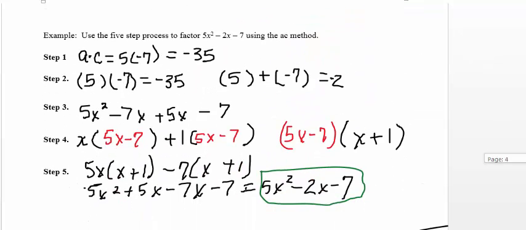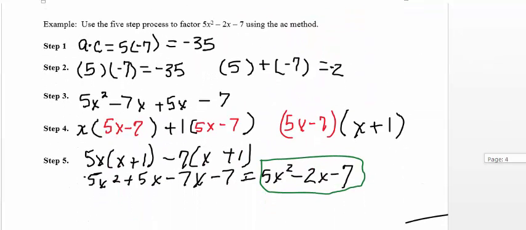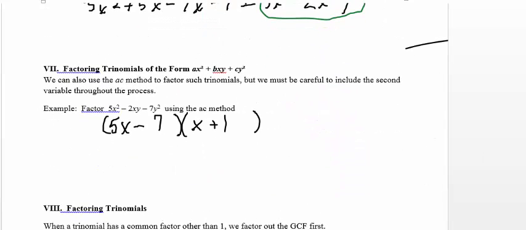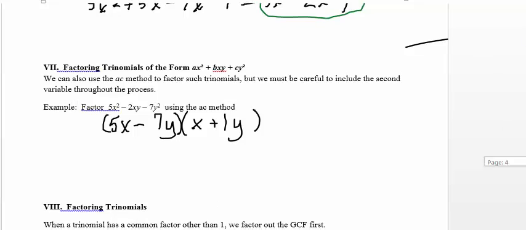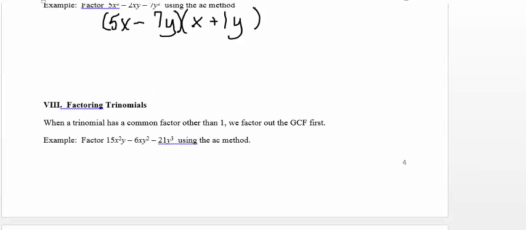Well, the change here is going to be that I get 5x minus 7y times x plus 1y are my factorizations that actually multiply to give what I began with. So I need that y on each of the last terms.